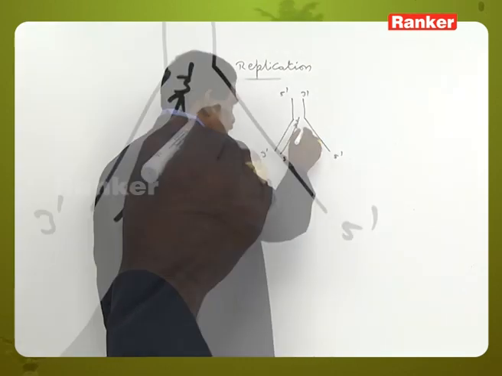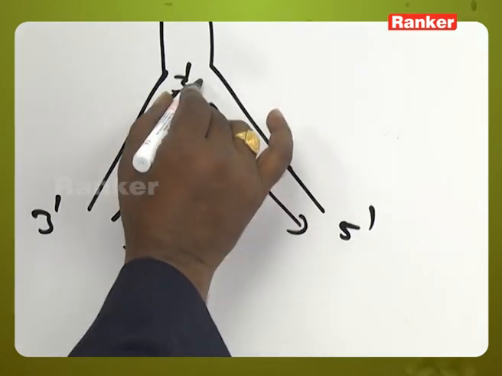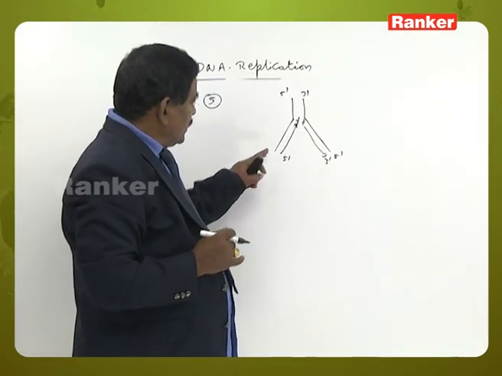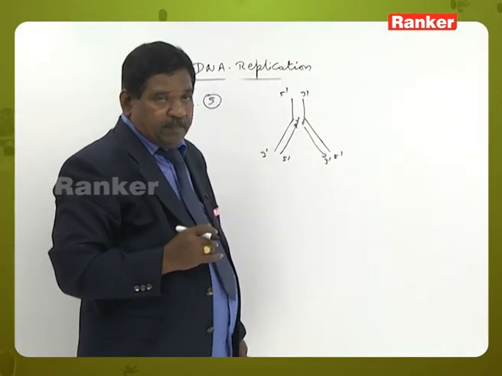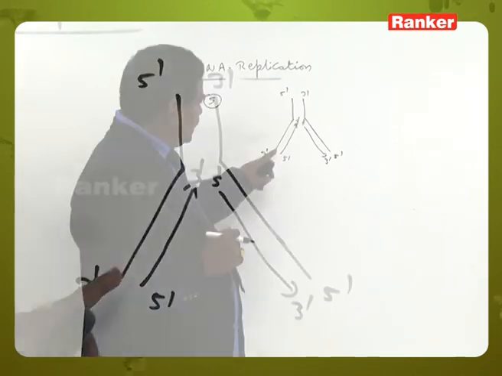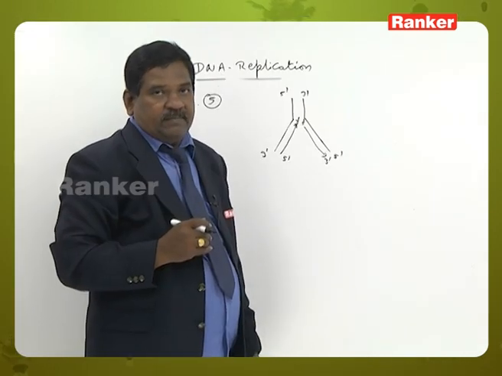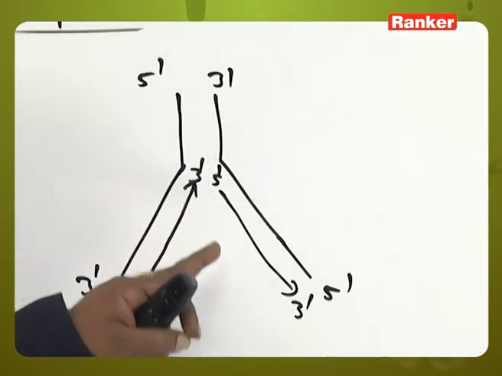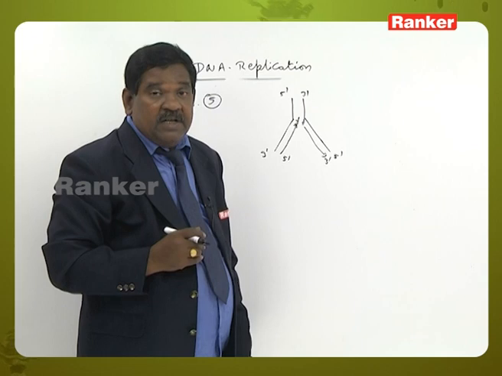Here also 5 to 3 end polarity. Now, on the 3 to 5 template, the synthesis is continuous. On the 5 to 3 polarity strand, it is discontinuous.